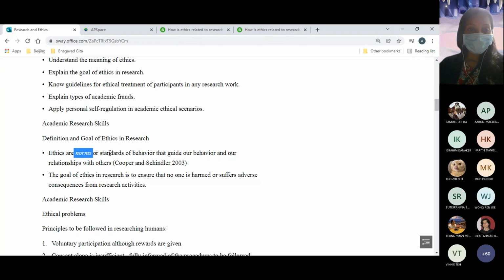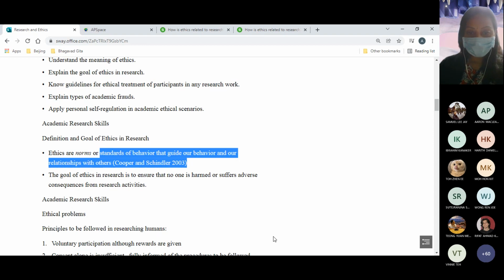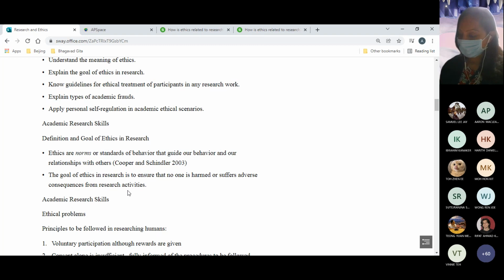So what about standards of behavior? What about goal in ethics? All those things are related to the term ethics.